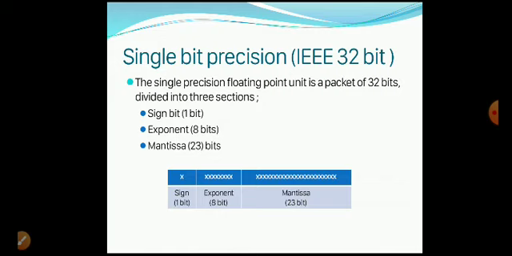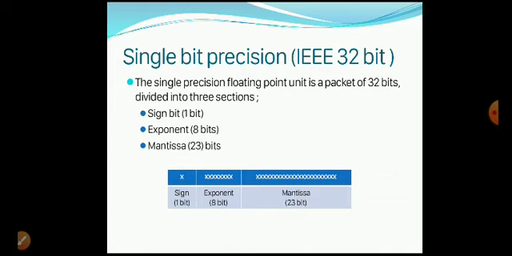So these are the three fields to convert a number into the temporary real data type format: the sign, exponent field and mantissa field. It is also called the significand field.